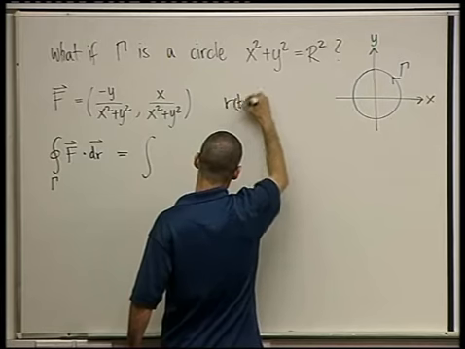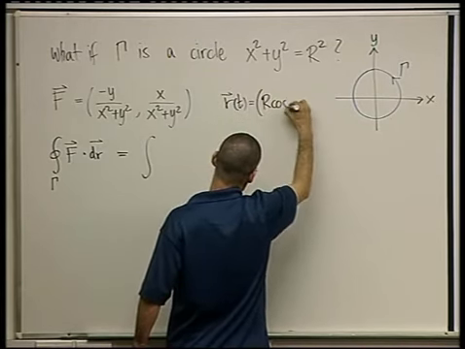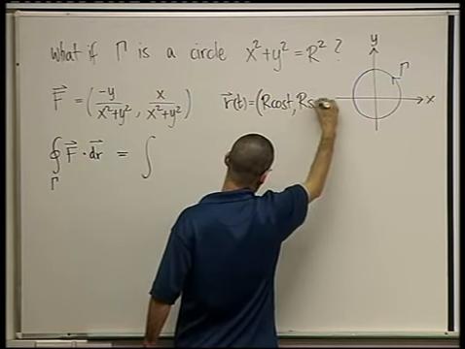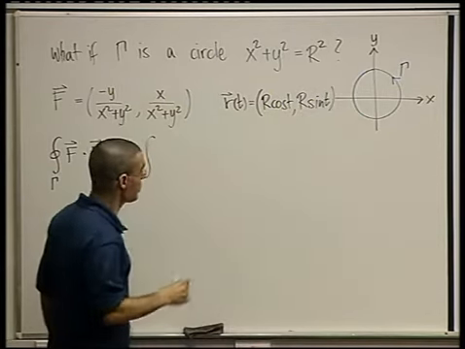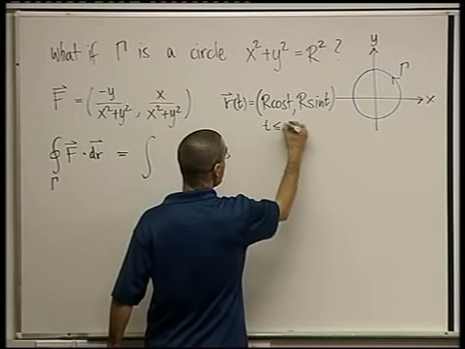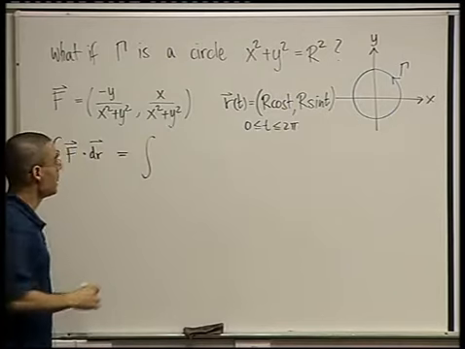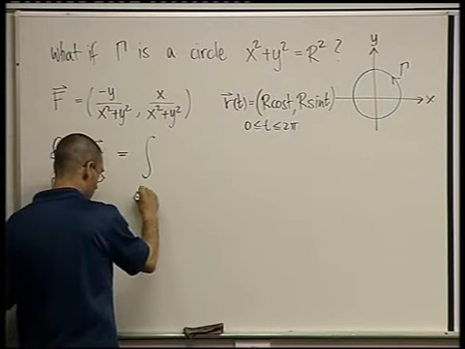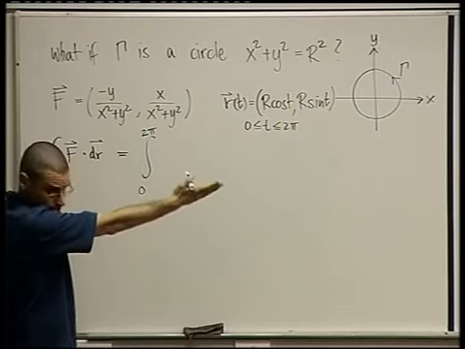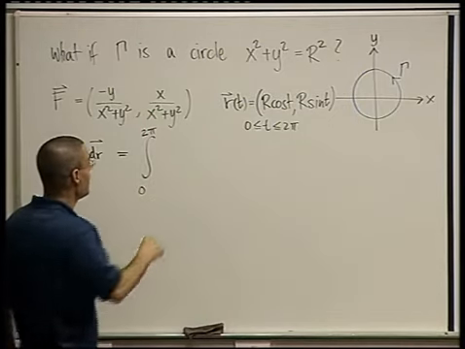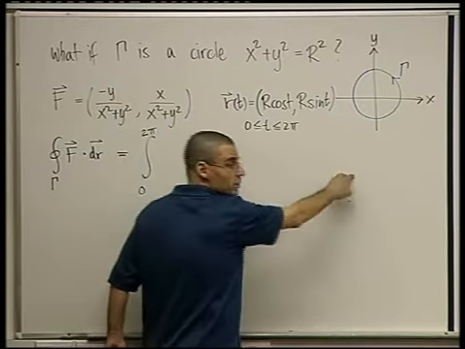R of t, this is the parametrization, is r cosine t, r sine t. This is a good parametrization of the circle, where t ranges between 0 and 2 pi, right? So we're going to have the integral from 0 to 2 pi. And I'm just going to write everything like there. I need P times x prime plus Q times y prime dt.